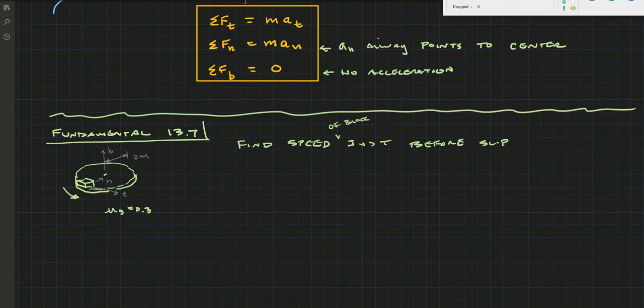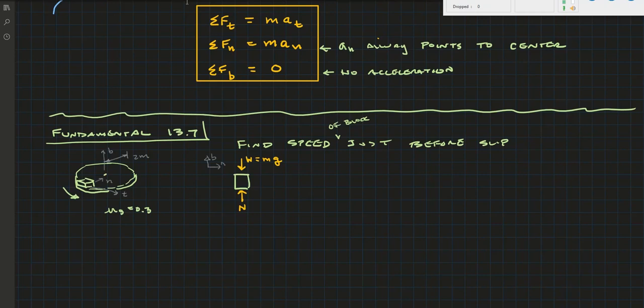So I could set up a block like this, where this is the B direction and this is the normal direction. Then my situation is I'll have a normal force here from the surface of the disc. I'll have a weight of my block then, and this is in the B direction. You can see why we want to use sometimes the B direction.